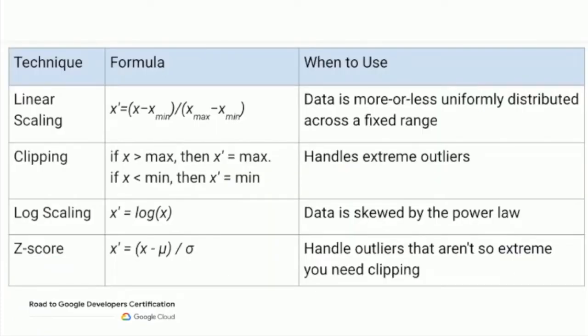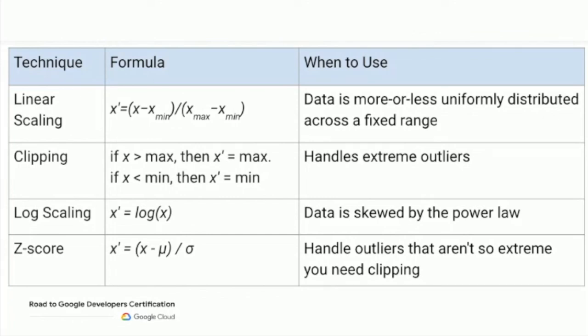So for example, we have the linear scaling, and we can use it when the data is more or less distributed in a uniform way across the fixed range that is set. Then the clipping allows us to handle the very extreme outliers in the data.